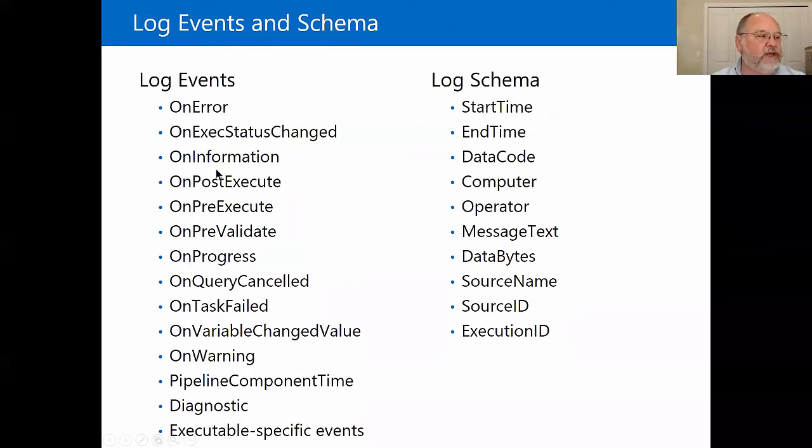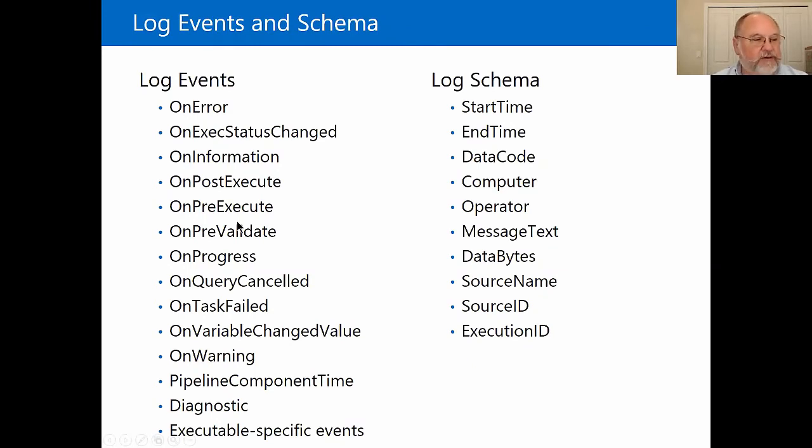Basically, it's saying for each one of these events, you can choose to do any or all of these pieces of information. So on the pre-execute event, I could say I want the start time and the end time and the source ID. That's the ID of the actual task. But on warning, I want the computer name, the operator, you know, who's actually running this, and the message text. What was the warning? And I can do different things.